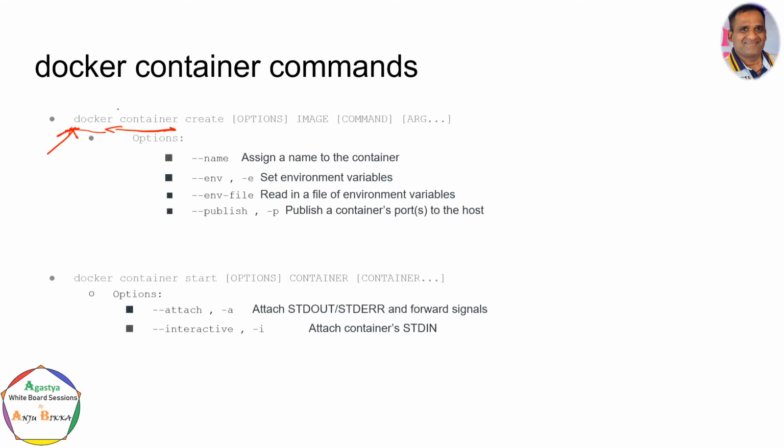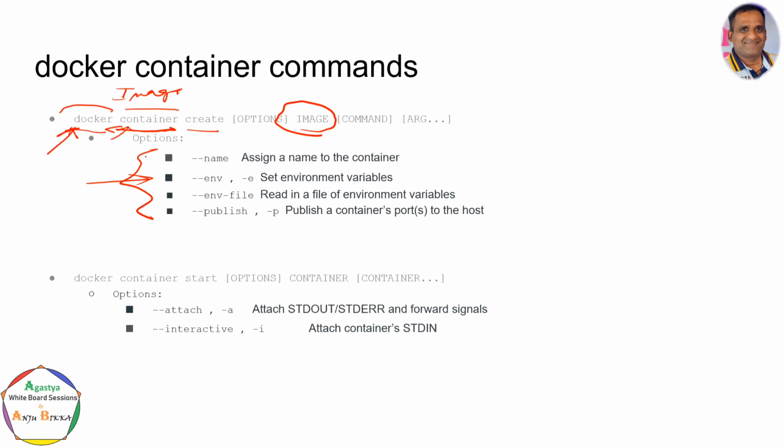If it is image related, then you see Docker image. So for all the commands, Docker is the base command, followed by what we are working on. On containers means container create, from which image you want to create a container, and the options. These are a few options. For more options, you can refer to the Docker documentation.